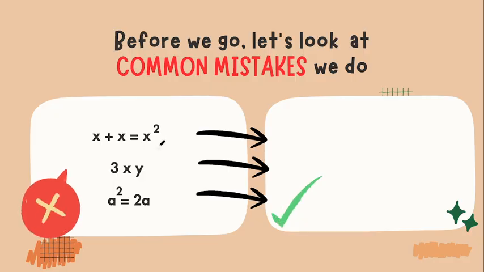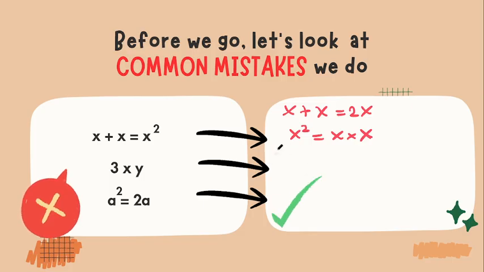So from that, I took a bit of a summary so I can teach you so you won't keep doing them again and again. Some of the students think that x plus x is equal to x squared. Actually, it's not, because if you write x plus x, it gives 2x. But if you want to get x to the power of 2, then it should be x multiplied by x.